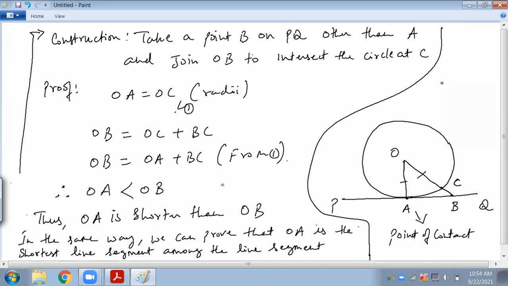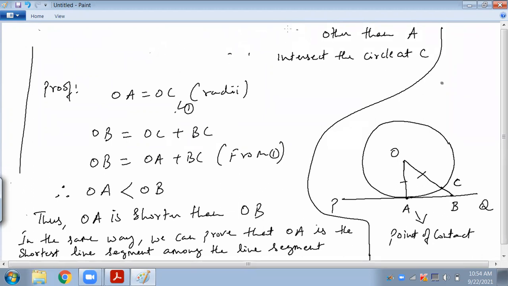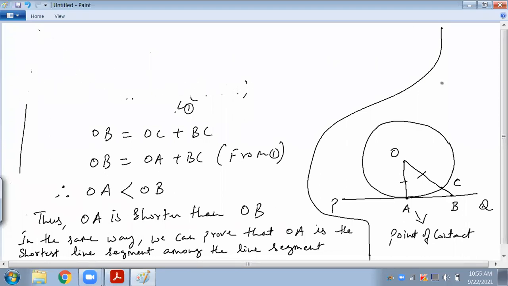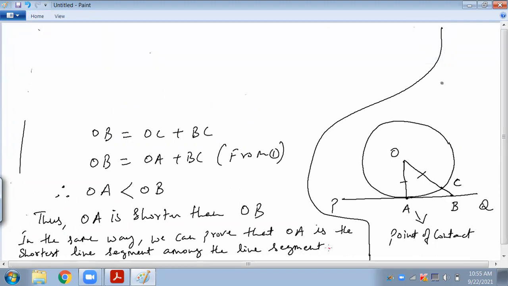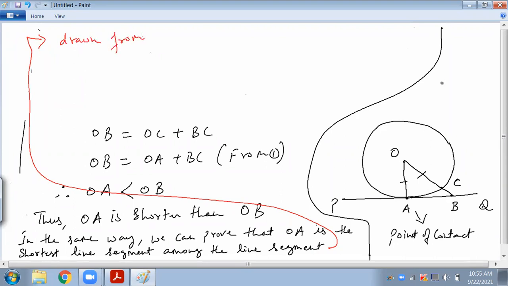I need some more space, so I'll be rubbing the first part. So in the same way, we can prove that OA is the shortest line segment among the line segments drawn from O to the line PQ.